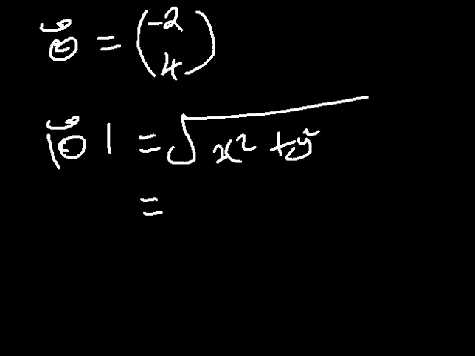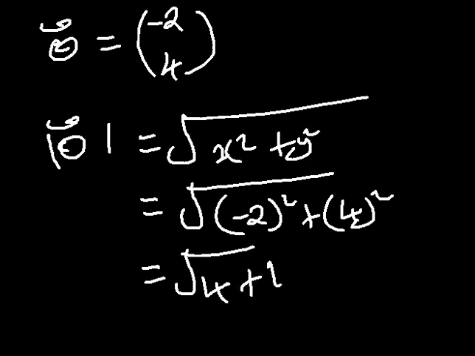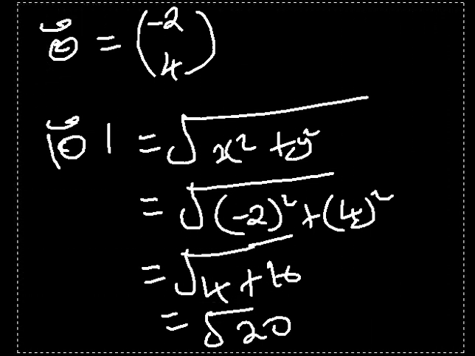In this case, what is x? We have (-2) to the power 2, plus 4 to the power 2. What is (-2) to the power 2? We have it as 4. So we have the square root of 4 plus 16. In this case, we have the square root of 20 as the magnitude of the vector o. That is the principle behind that.